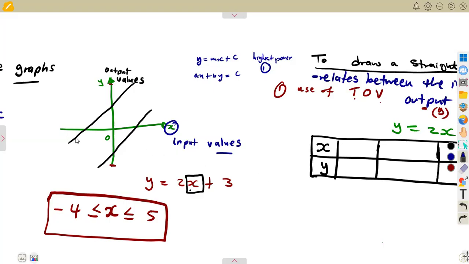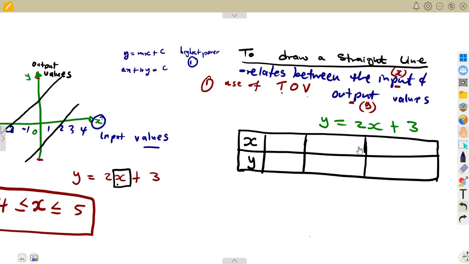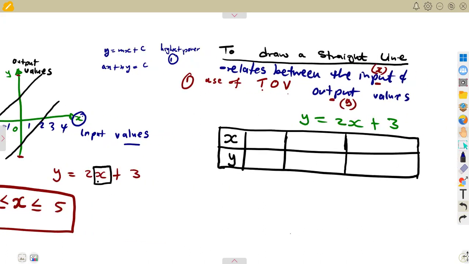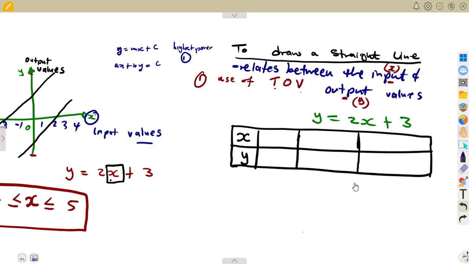So this is what I'm trying to say. Let's say we have -1, -2, -3, and so on, and 1, 2, 3, 4. These are the input values of x. So that is where we are going to choose any 3 of your choice. You just choose the x values separately.